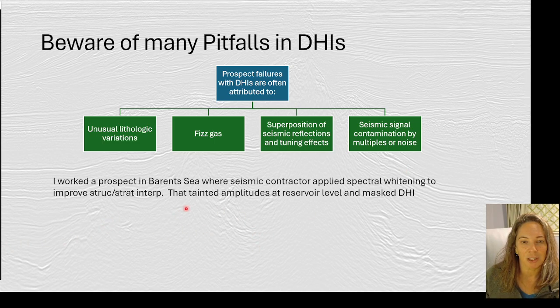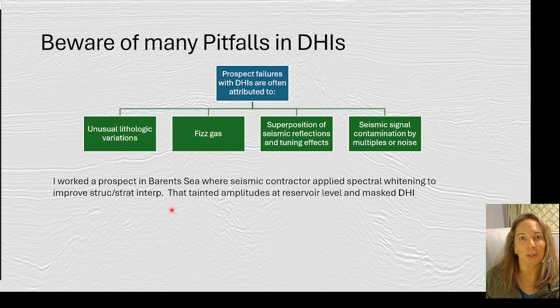I also wanted to mention one case that I came across when I was working at a prospect up in the Barents Sea. I was doing reservoir properties from seismic, and we were given the seismic data from the business unit we were working with, but we weren't given the processing report. So now you know why I always talk about getting the processing report.